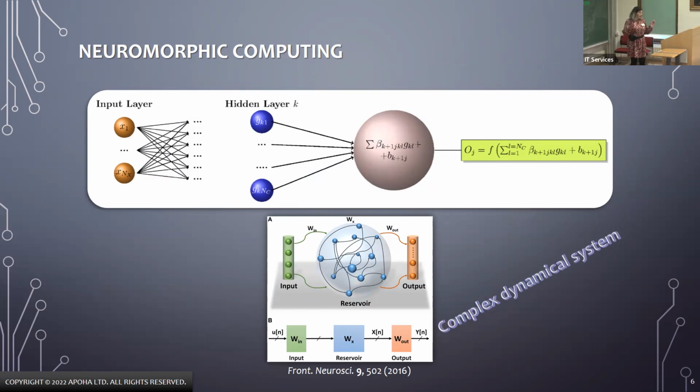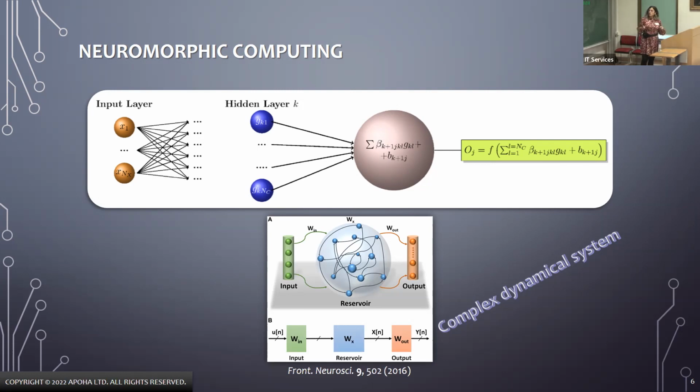Indeed, it has an input layer, a hidden layer, and an output layer, but it cannot be considered a shallow network because the hidden layer is actually a projection of many layers, like the layers in a deep neural network. So the unique hidden layer is actually giant, and for this reason we cannot really get access to it, and we can just treat this hidden layer as a black box.